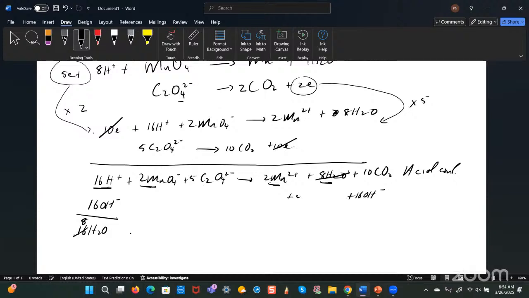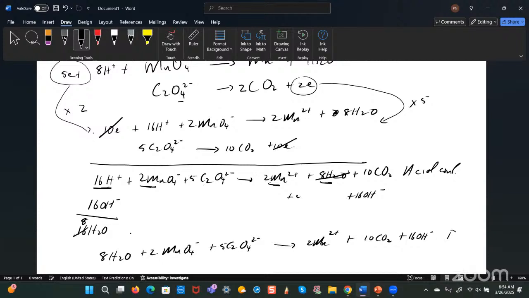So your final answer in the case of a basic environment would be 8 H2O plus 2 MnO4 minus plus 5 C2O4 2 minus to give 2 Mn2 plus 10 CO2 plus 16 OH minus.